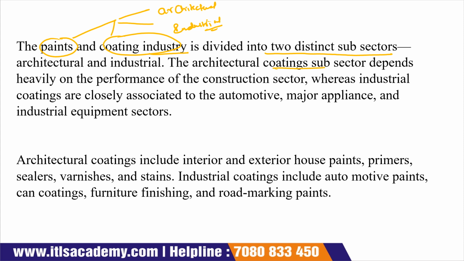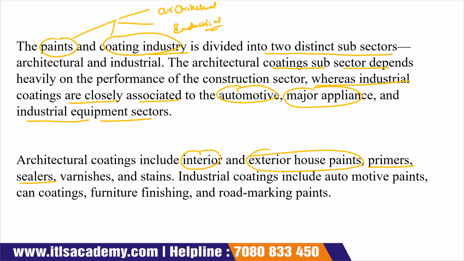The architectural coating sector depends on the performance of the construction sector, whereas industrial coatings are closely associated with the automotive, major appliance and industrial equipment sectors. Architectural coating includes interior and exterior house paints, primers, sealers, varnishes and stains. Industrial coating includes automotive paints, can coating, furniture finishing and road marking paints.